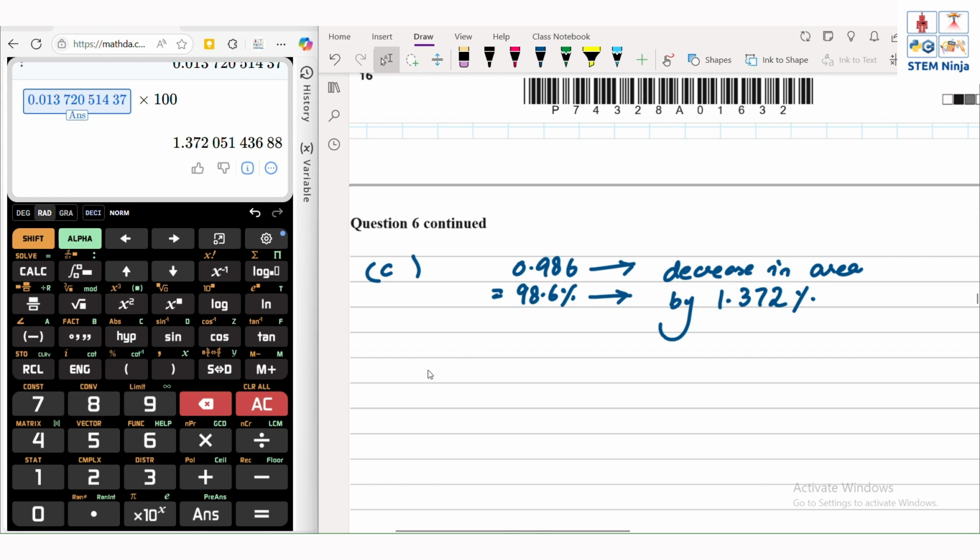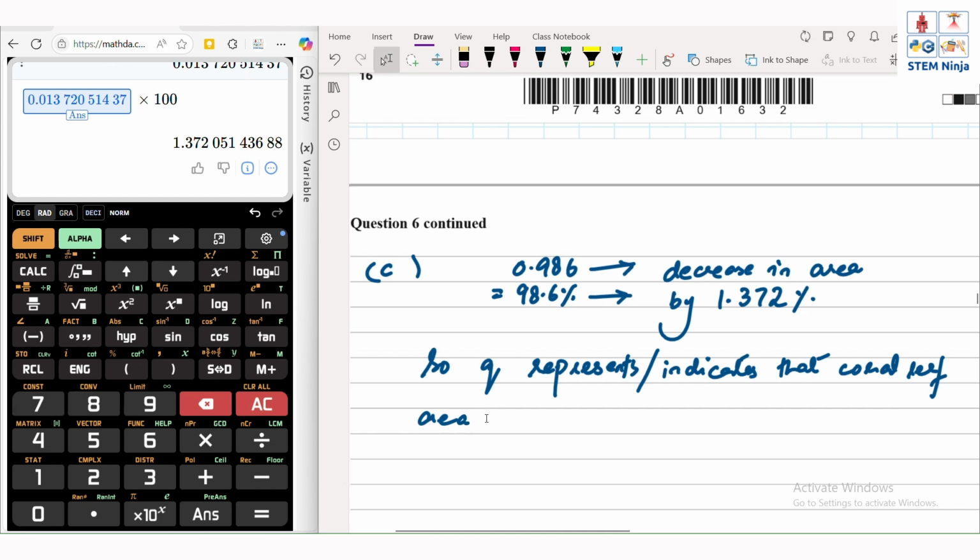So every year, Q represents or indicates that the coral reef area is reduced by 1.372% every year. That's it.